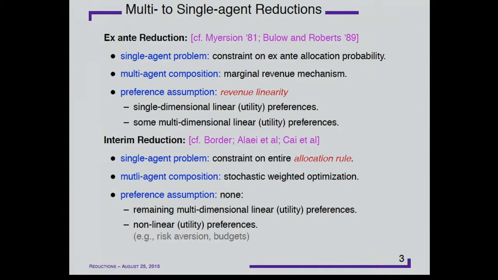Examples of nonlinear preferences are budgets like I had in the previous slide, or risk aversion. And the example theorem from the previous slide about the optimal auction for budgets is instantiating this framework in a symmetric environment where there's some simplification you can do to make this not so complex.